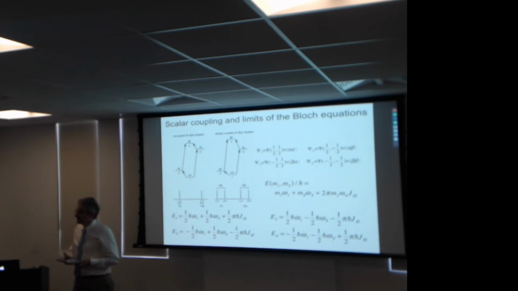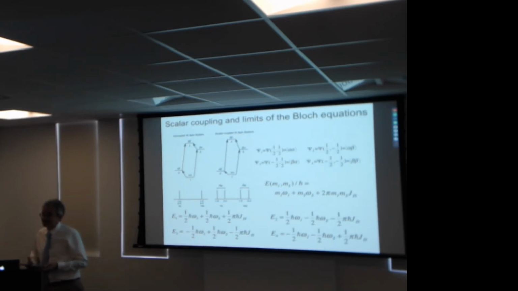So the problem that we have is basically this. Once we introduce the J coupling, or in solids, the dipole coupling, we then have interactions between pairs of nuclei. And the Bloch picture doesn't include that.